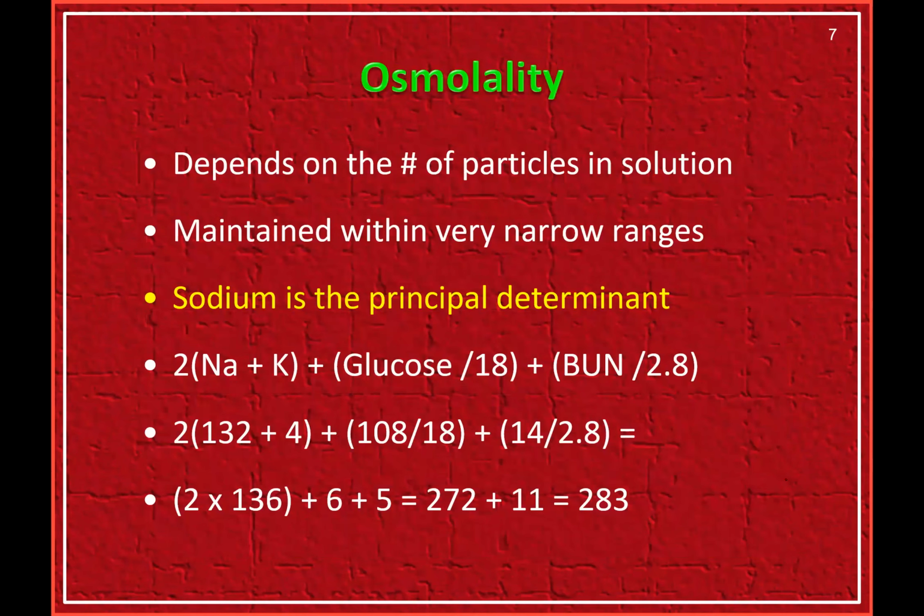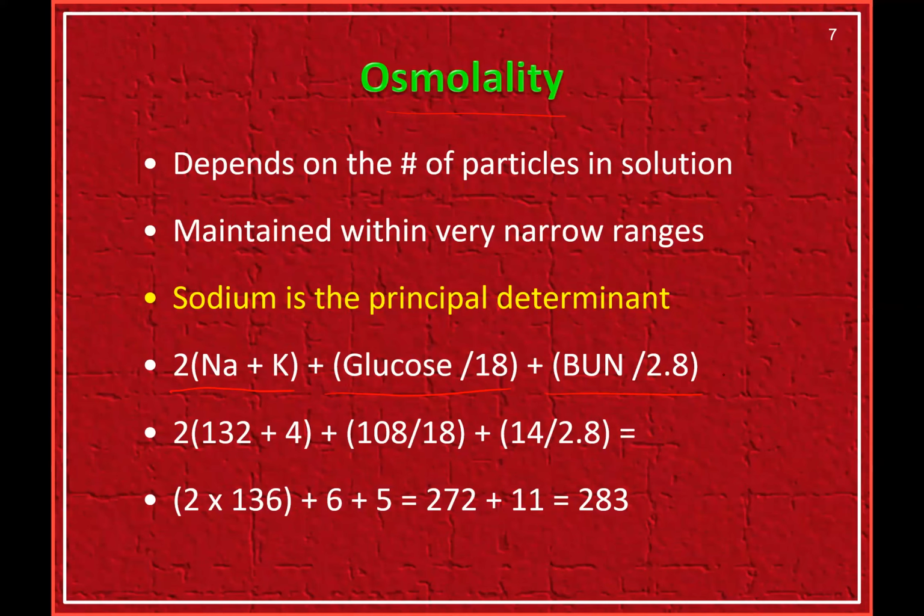So osmolality, we all know, we have been calculating several times, a very important measure to know the osmolality of a substance like plasma. If you want to know the blood or serum osmolality: 2 times sodium plus potassium, plus glucose divided by 18, plus urea divided by 2.8. Because glucose and urea are in milligrams, we want to convert them into milliequivalents.